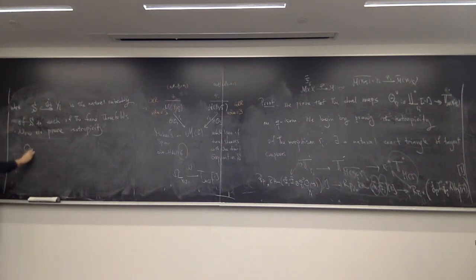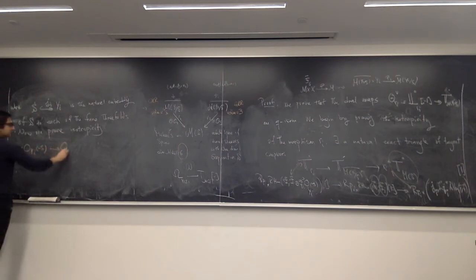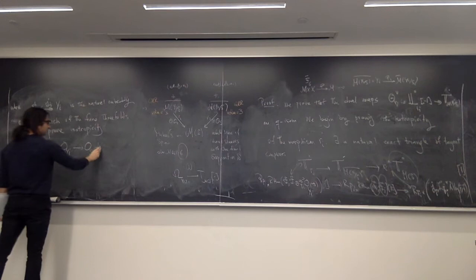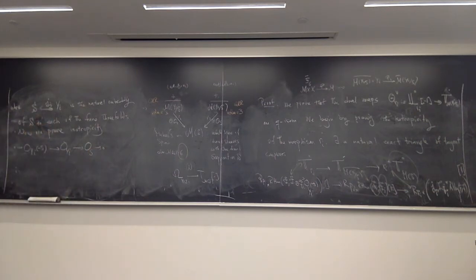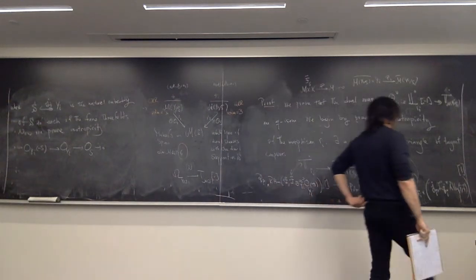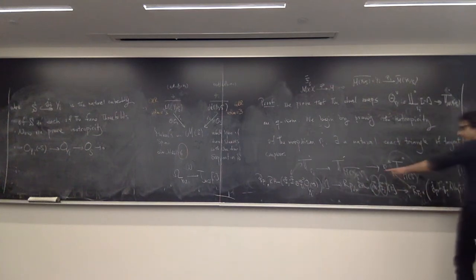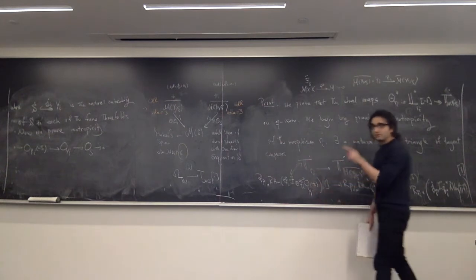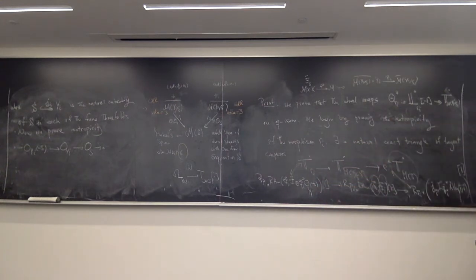So each one of these Yi satisfies a short exact sequence like this. O of S. Okay? So in fact, if you use this, you can take R hom FF and multiply, and you will see that this gives you the exact triangle.